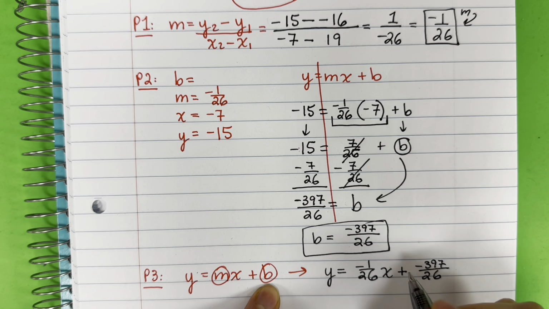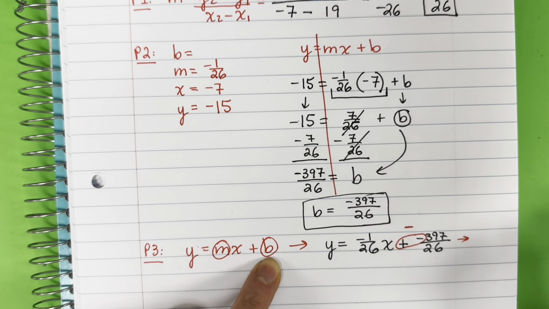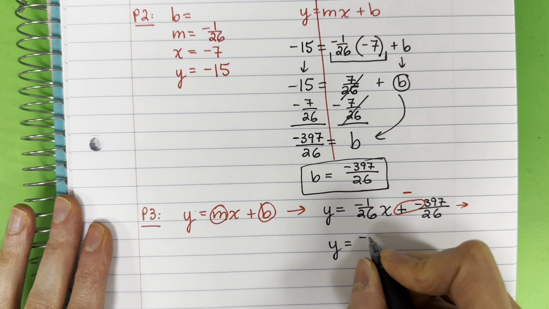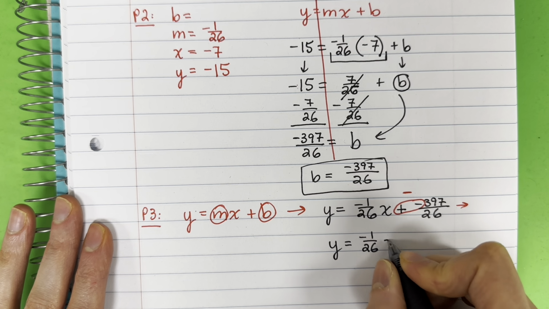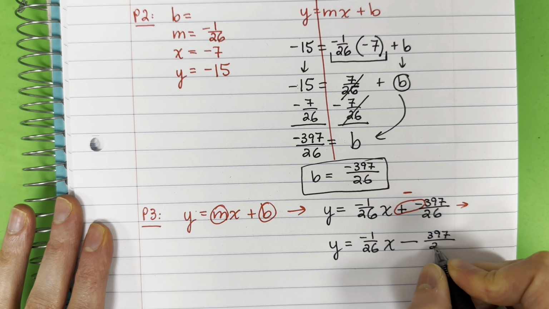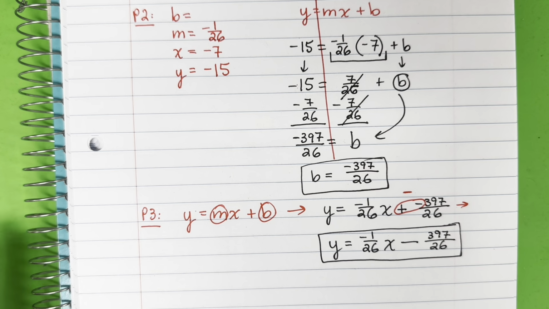You can't have a plus minus. Plus minus is minus, so I'm going to write it again. Y equals negative 1/26, x minus 397/26. That's your final answer.